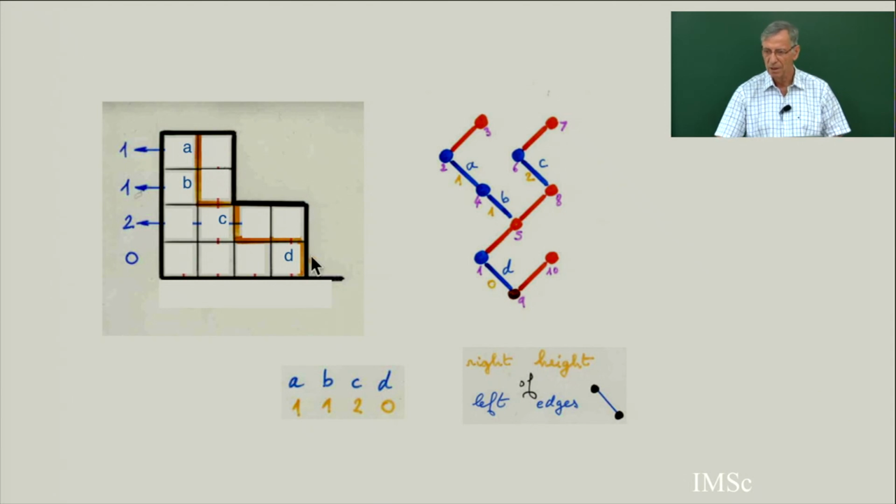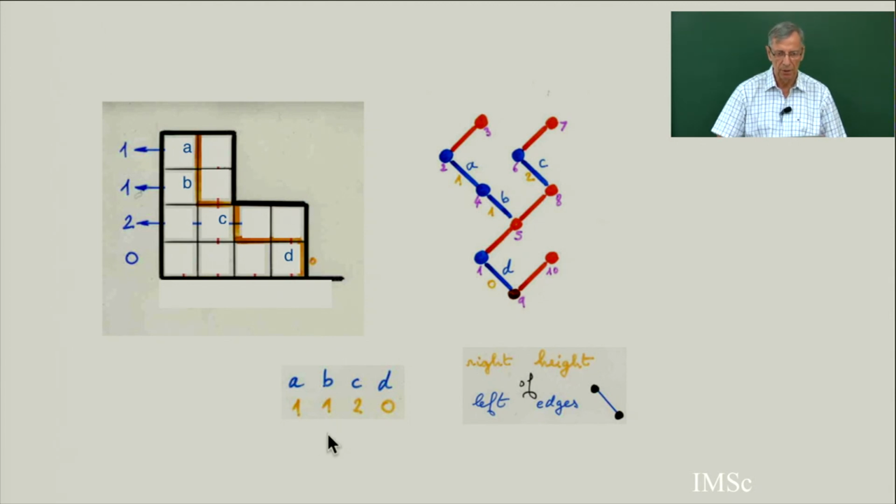The blue edges correspond exactly to the vertical edges of this external path in this order: this is A, this is B, this is C, and this is D. And the 5 red edges correspond to these horizontal edges. You have to check this, and the order in which you read these horizontal edges is exactly the order induced by the order I gave on the left edges, and I can also give an order on the right edges. But in my case, with blue edges A, B, C, D, you have A, B, C, D.